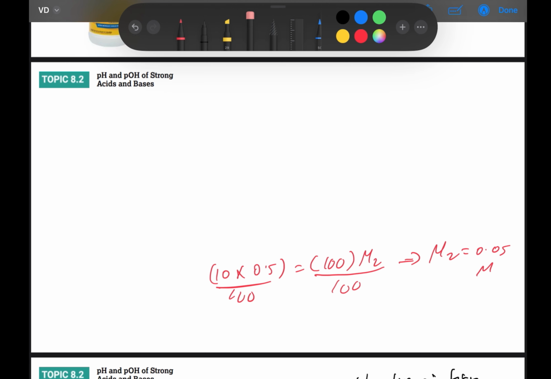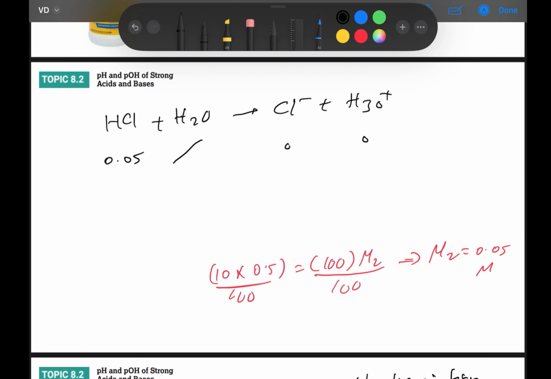Here we have the HCl, which dissociates in water to give Cl negative plus H3O plus, and the initial concentration of HCl becomes 0.05. We don't care about water, these are zeros. So since it's a strong acid, it will dissociate fully in water. Negative 0.05, plus 0.05, plus 0.05.